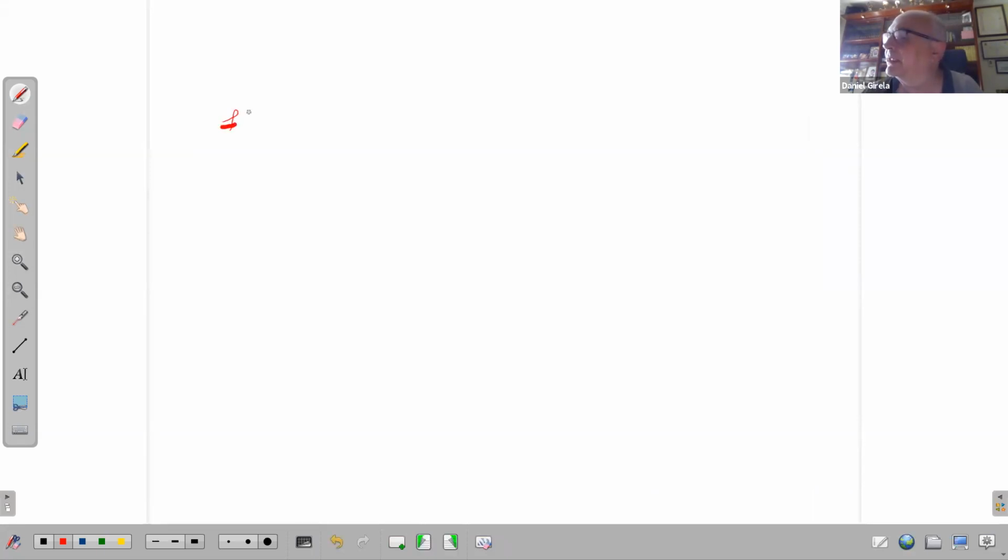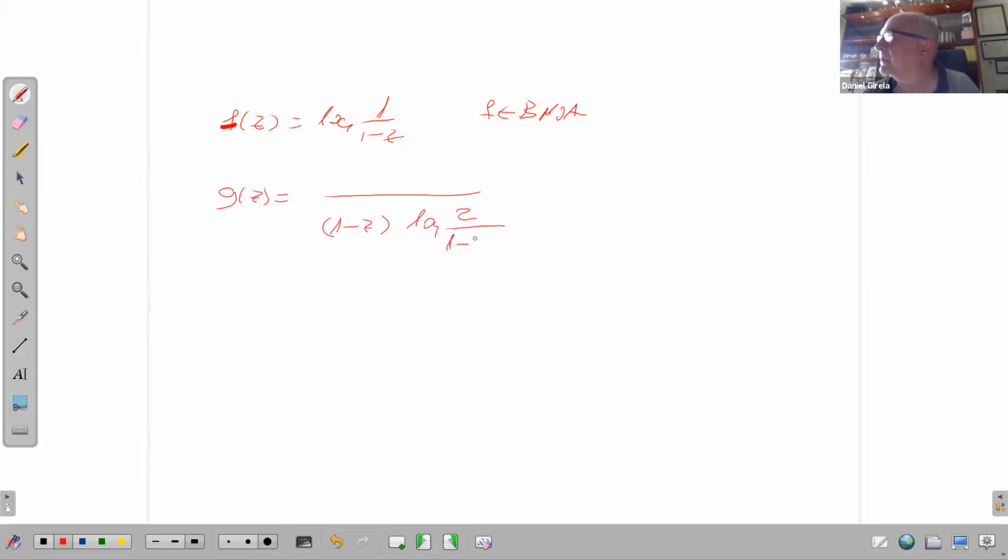Let's say we take the simple BMO function f, log of 1 over 1 minus z. This is in BMO. Maybe we can take as g the function 1 minus z times log of 2 over 1 minus z, squared. This function g is in H1.